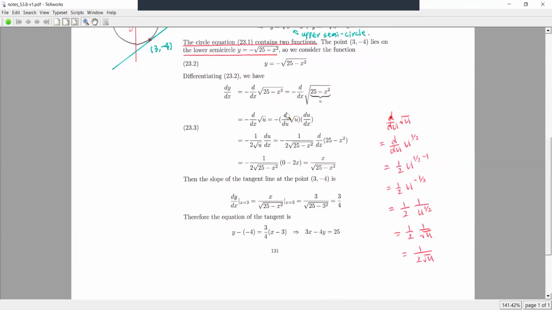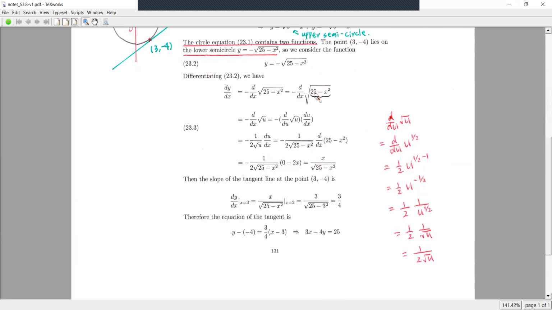Derivative of square root of u with respect to u, by the power formula, it is 1 over 2 times square root of u. Now, remove u.